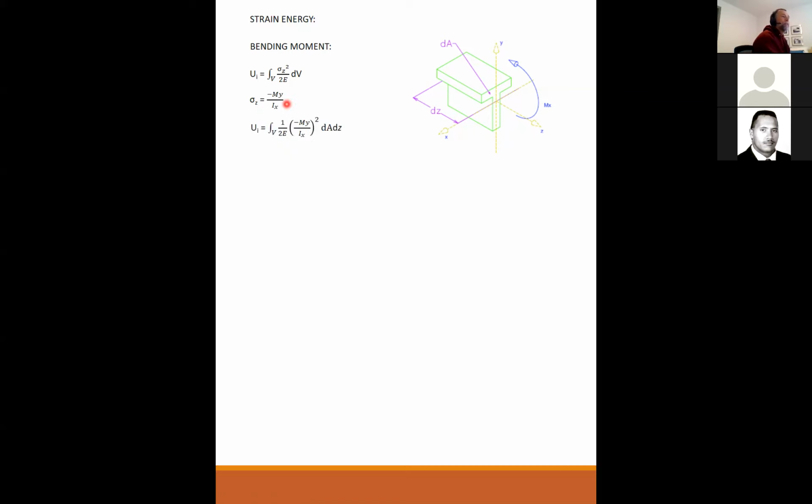So I can plug this in here. I have M over Ix squared, 1 over 2E, and then the volume dV. I can do the volume by a finite area dA. dA is the section area times dz, which gives you a volume.